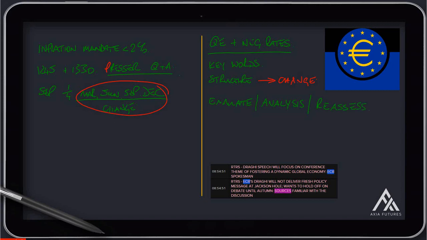If they use any of these phrases, generally it indicates that you then have the next meeting a change. So that's a change coming.